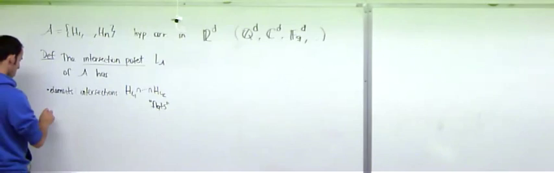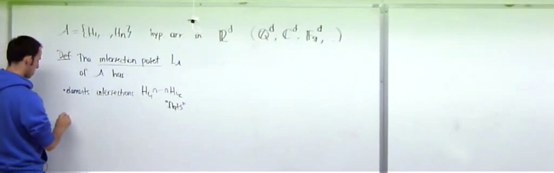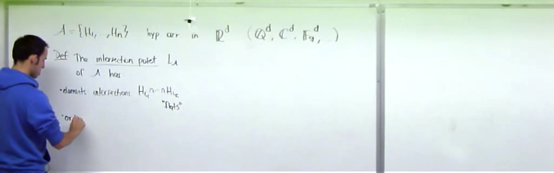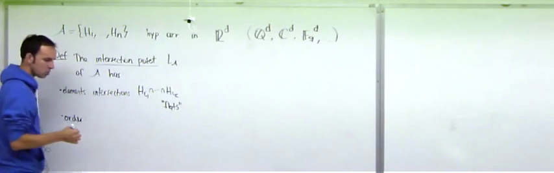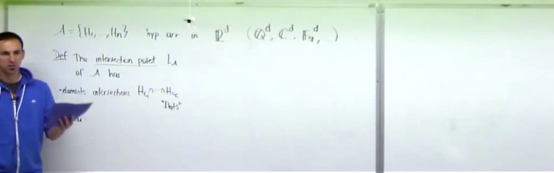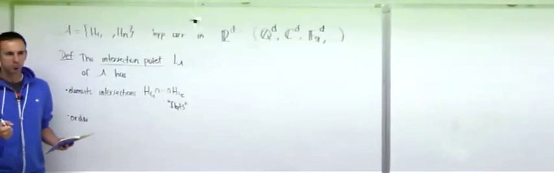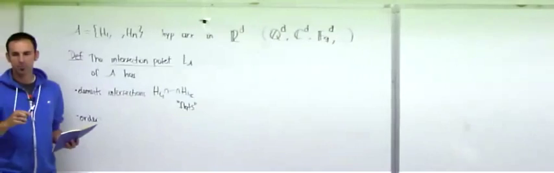Okay. But to define a poset, I need to tell you what the elements are, and I need to tell you what the order is. So I need to tell you if you have two flats, then when are you going to say that one is less than the other? So you don't just want dimension.